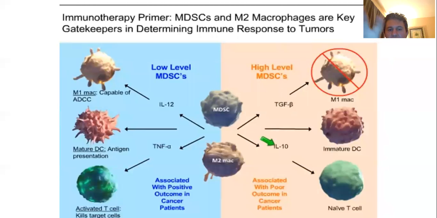We said if the tumor has a high level of MREGs, a high level of myeloid-derived suppressor cells, which are those naive macrophages, and a high level of Tregs, right? Then what will happen here?